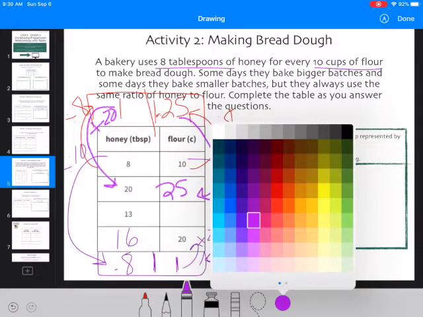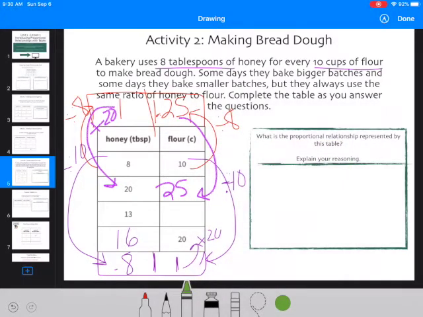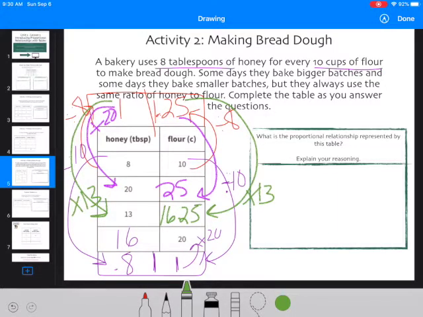I'm going to switch colors again. So 1 times 13. So I'm going to multiply 1.25 times 13. And I get 16.25.